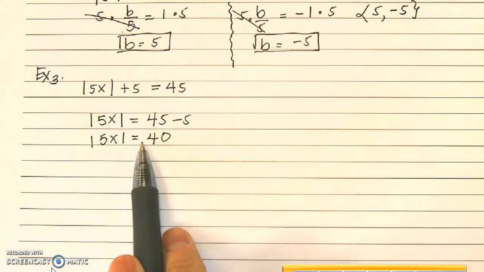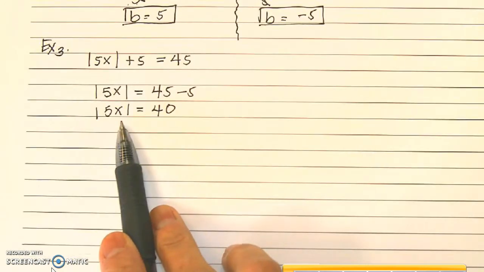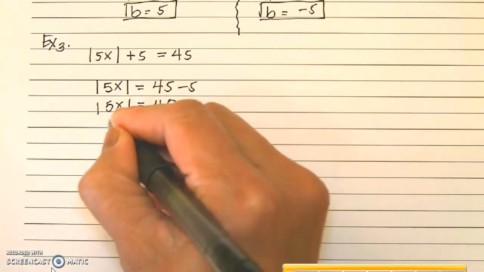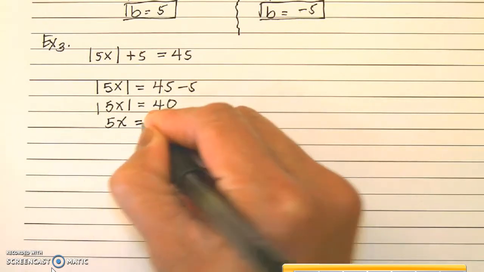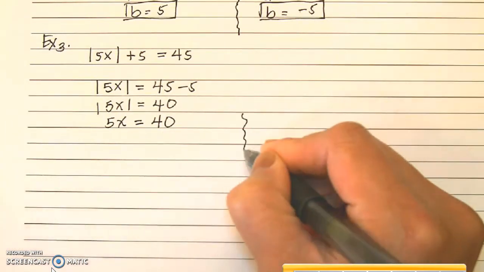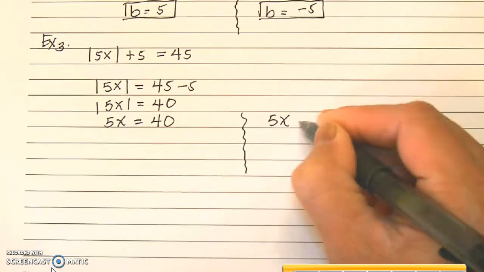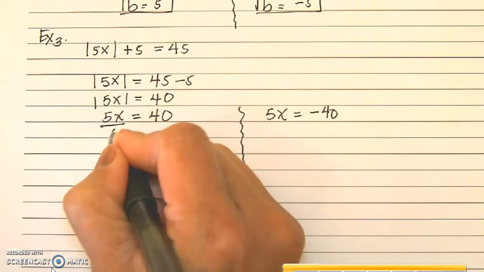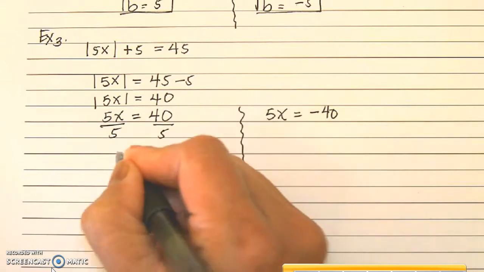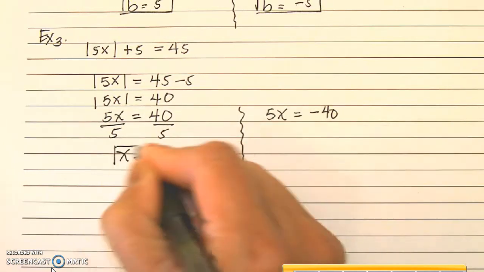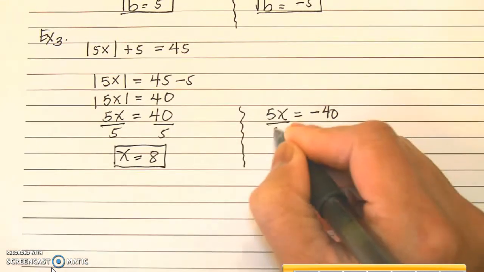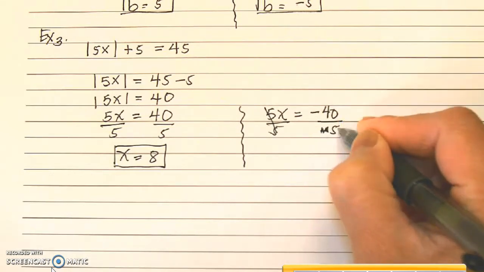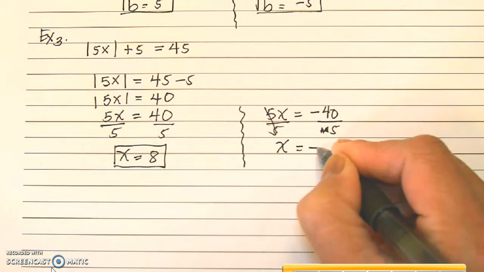This is the only time that you can start the process of removing the absolute value symbol and having two answers. So you're going to now have 5x equals +40. But then on this side, you're going to have 5x equals -40. So now your x is 8. The second value of x is -8.